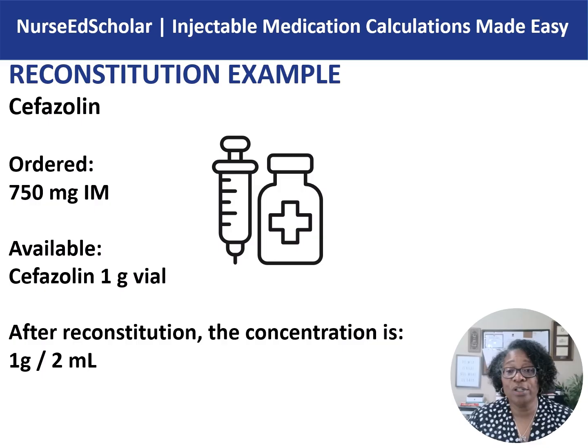All right, now we're moving on to cefazolin reconstitution. The provider ordered 750 milligrams intramuscular, but all that's available is a 1 gram vial. After you reconstitute that powder, the concentration is 1 gram per 2 milliliters.